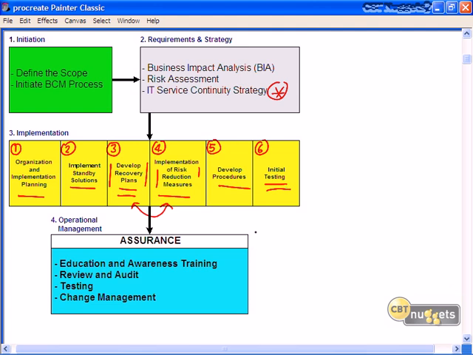And then finally, the fourth aspect is operational management, ongoing operational management to provide assurance to all people in the organization that you can survive a catastrophic disaster or a catastrophic failure. Since your organization is in a constant state of change and modification, that means your continuity plan also has to be changed as well, because it can rapidly become outdated.